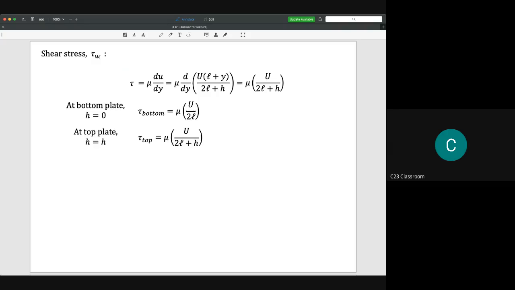If it is the fixed plate, the shear stress is there and the molecule is there, but the effect of shear stress is not there. So we take du/dy for the moving plate and substitute this one, and we get the terms for the shear stress. The shear stress for the bottom and top plate can be calculated as shown in this slide.